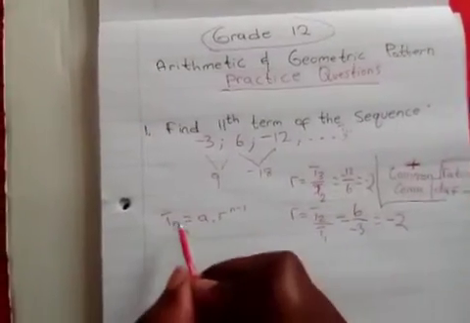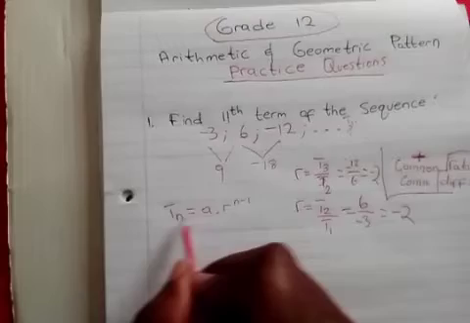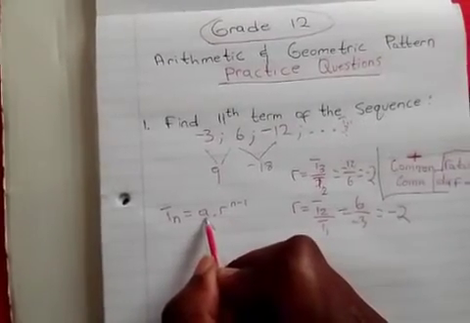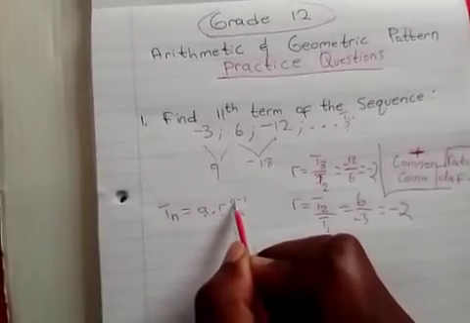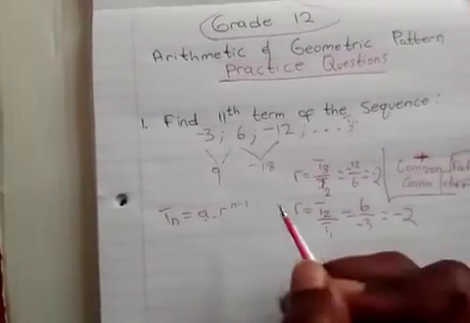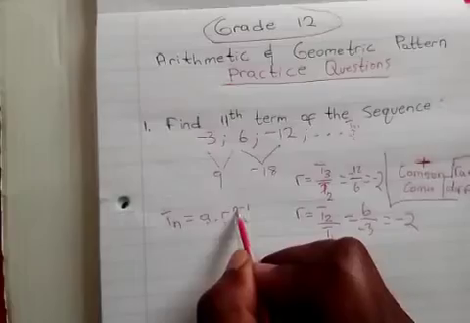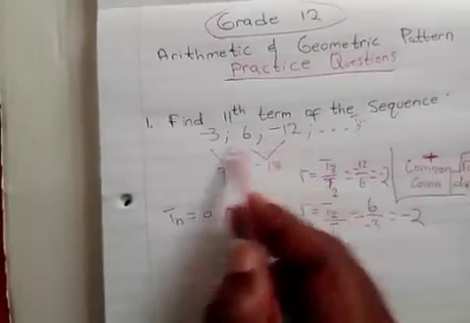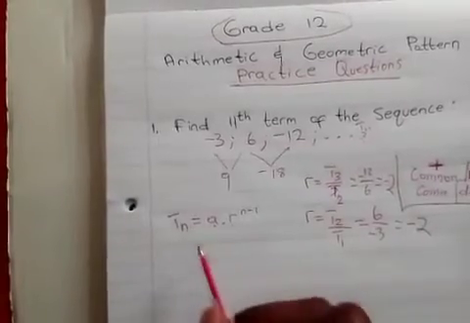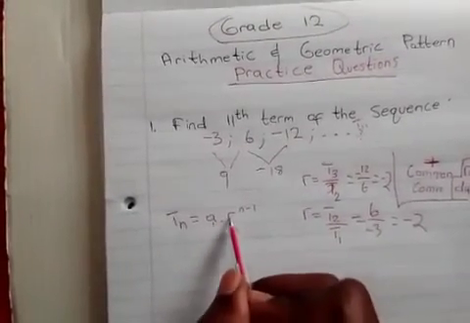In this general nth term, we don't know a and r, but we are told n is 11. So let's use this sequence to find a and r.